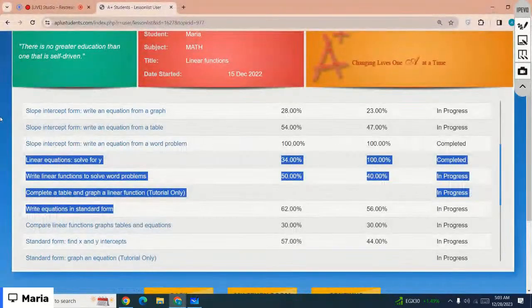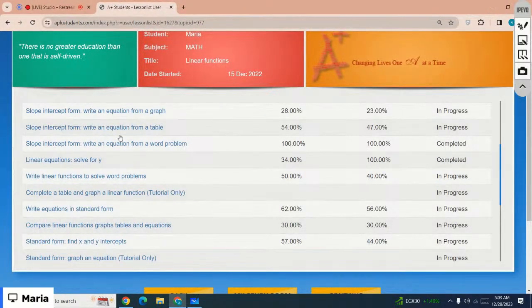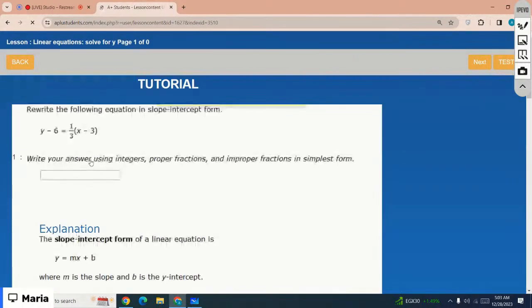Okay, here I am on grade 9 math. The chapter we're working on is linear functions. Let's start with the lesson, that is linear equations solve for y.